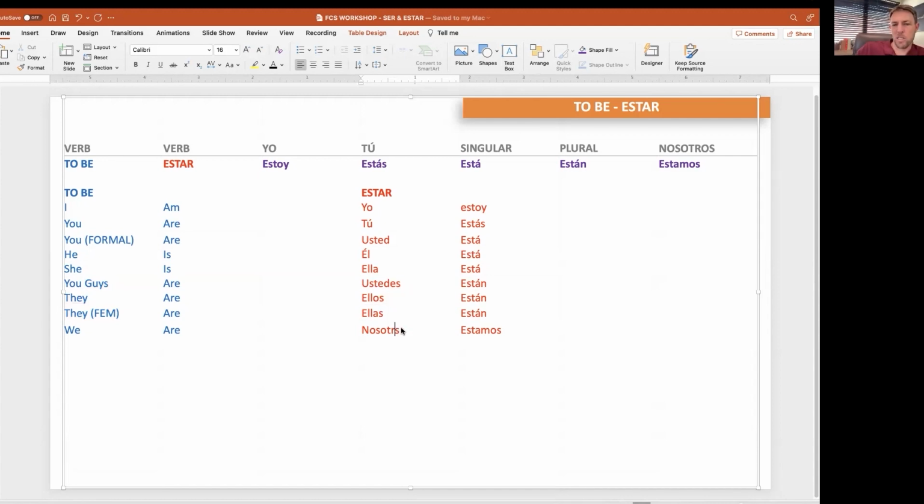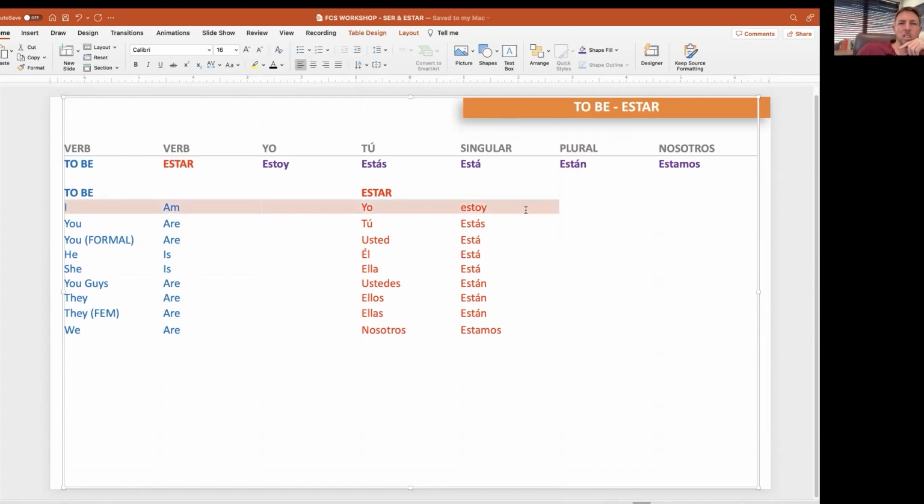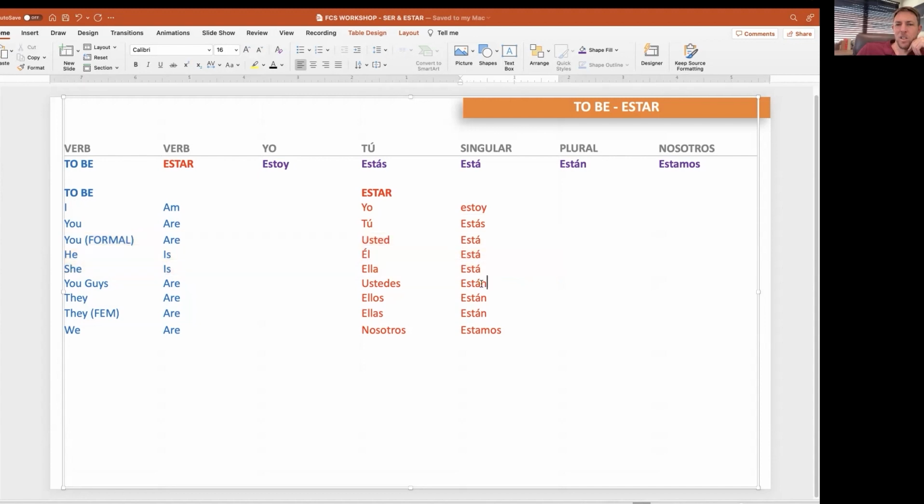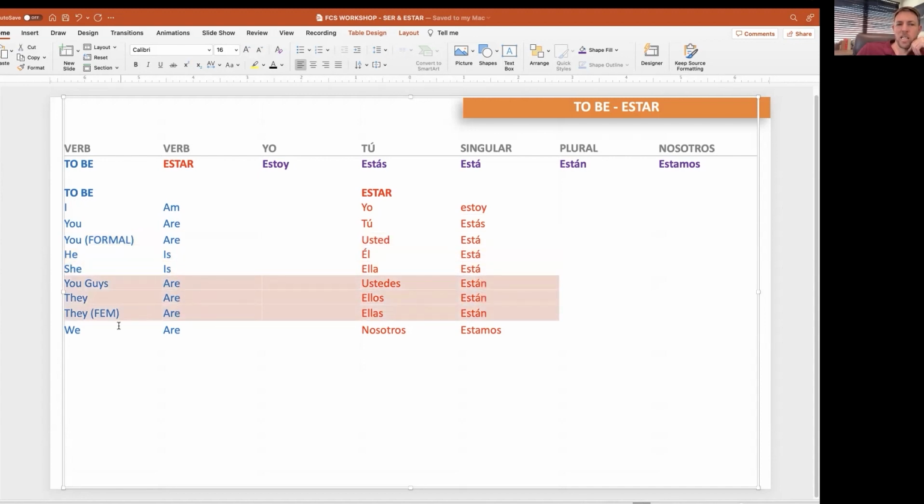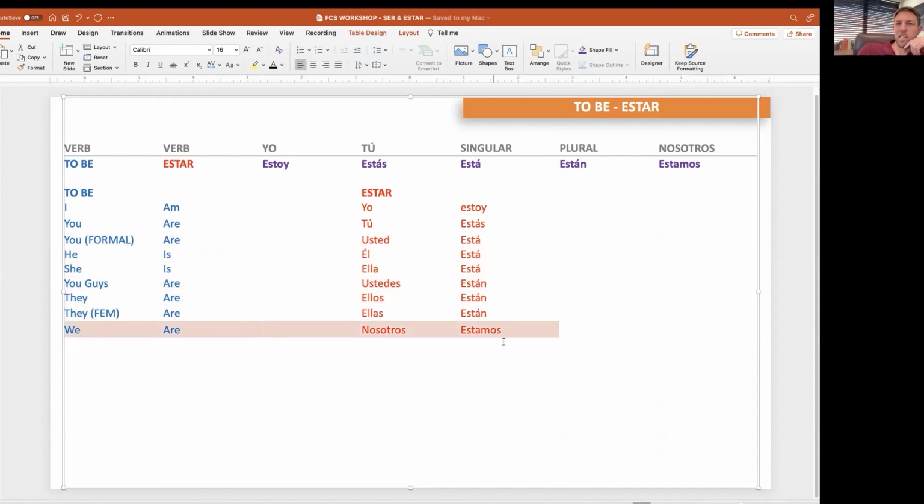Nosotras estamos. But since I'm male, I never use that. But nosotras would be a group of female. Okay. Nosotros estamos. Okay. So you've got that. All right. So yo estoy. Tú estás. Singular, está. Plural, están. Nosotros estamos. We are.